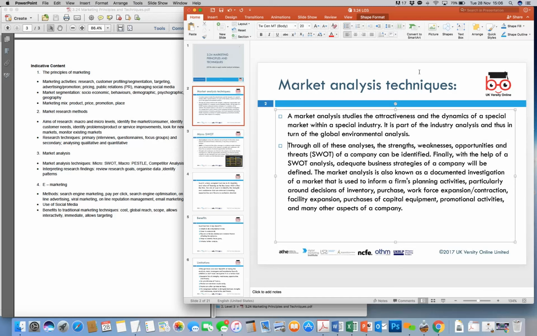These are factors which would affect the company or a business from an internal point of view, or internally within the organization.